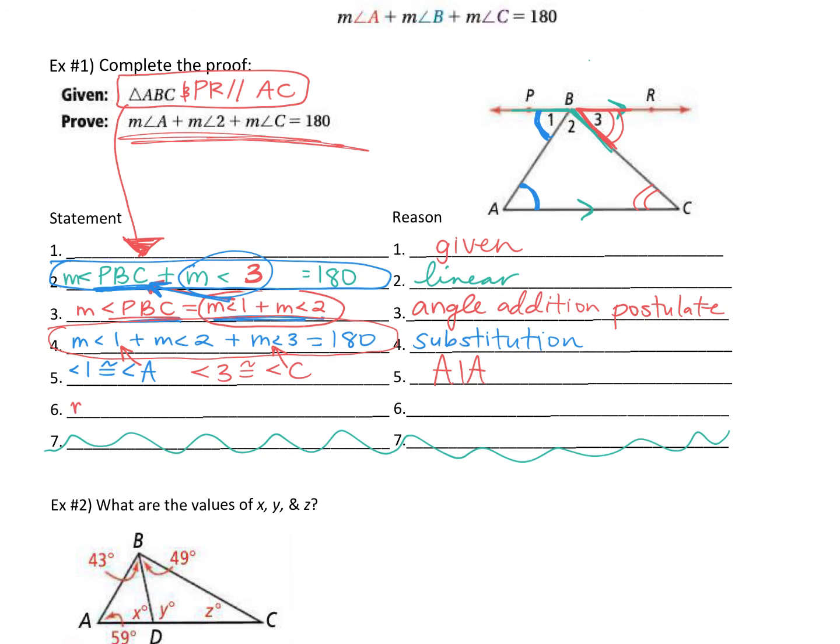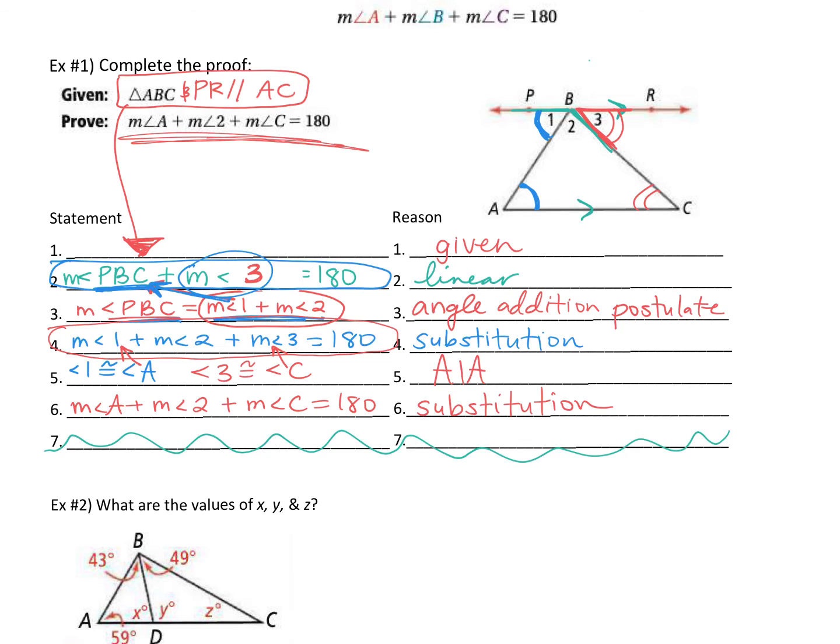The measure of angle A plus the measure of angle 2 plus the measure of angle C should equal 180, which it does, and that is just substitution again. Okay, so that's how they came up with a triangle should always add up to 180. They just used a straight line.